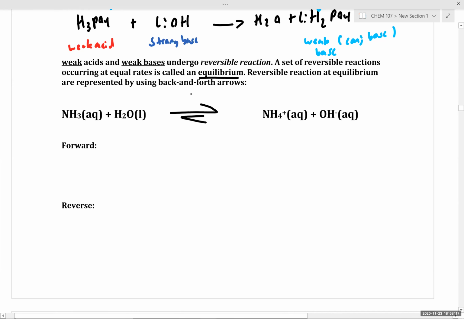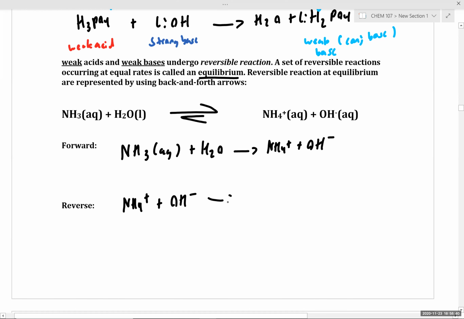And this is represented using these back and forth arrows. So for our forward reaction, we have ammonia and water reacting to yield ammonium and hydroxide. In our reverse reaction, we have ammonium reacting with hydroxide to make ammonia and water.